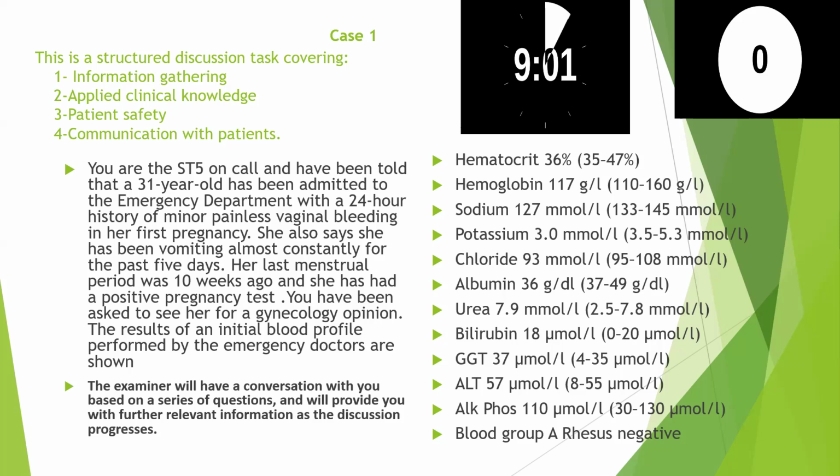What I can see in her reports is hyponatremia, hypochloremia, raised urea levels and mildly elevated liver enzymes, and her blood group is negative. So I would like additional information in the form of a brief history, and by doing relevant investigations.